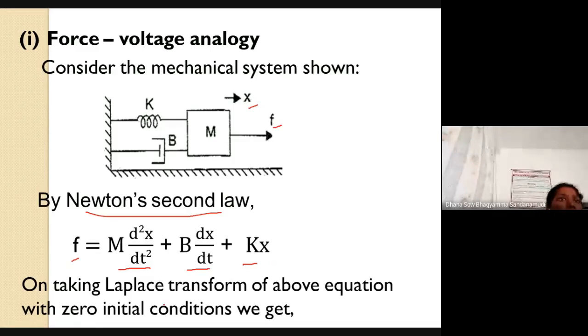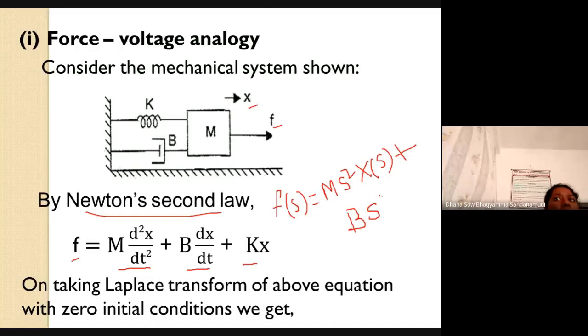I will take the Laplace transform of this equation. It will be F of s equals m s square X of s plus b s X of s plus k X of s.